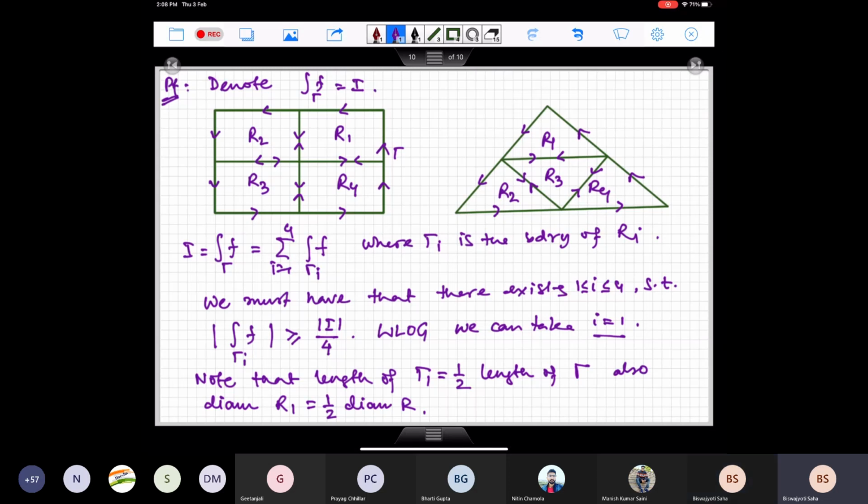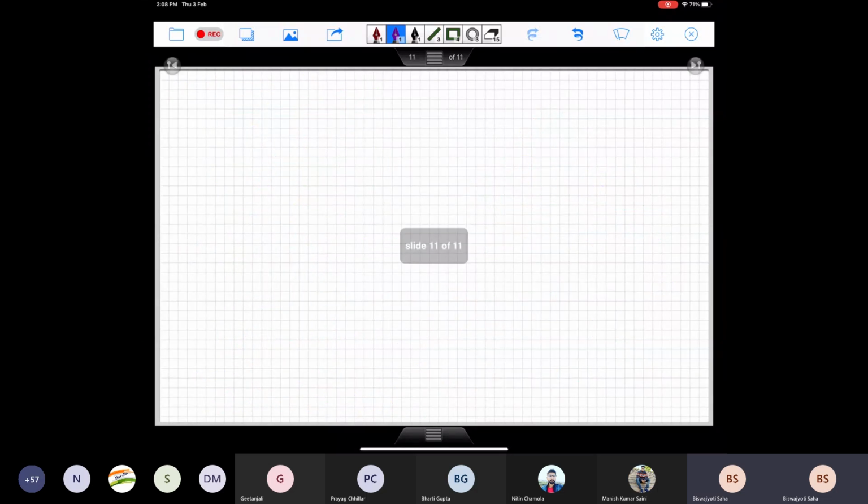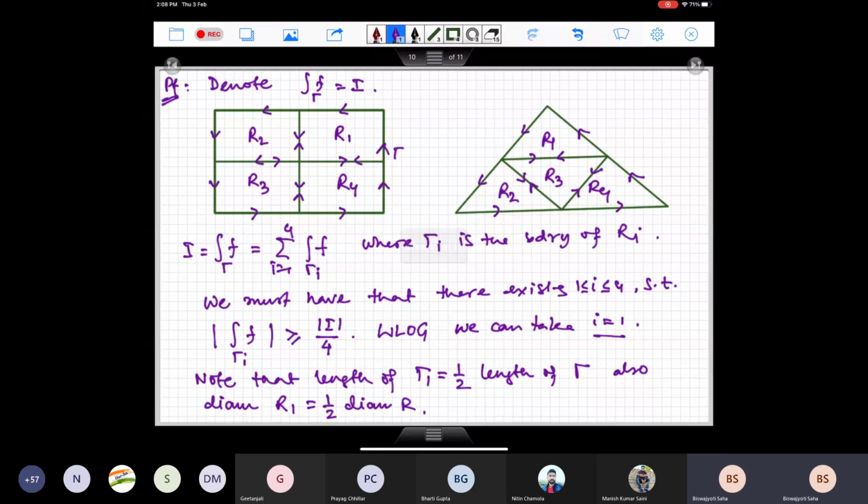Now if I continue doing like this, notice that here we have mod I divided by 4.